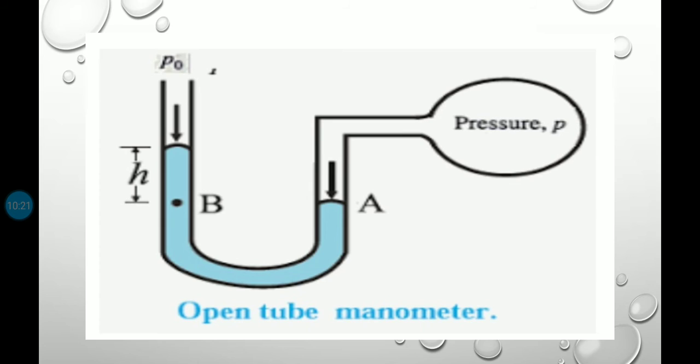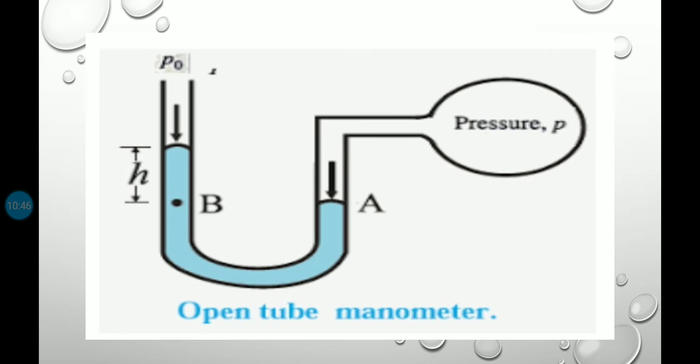It consists of a U tube partly filled with a low density liquid, that is water or kerosene, which helps in maintaining a larger level difference between the level of liquid of the two arms of the manometer.